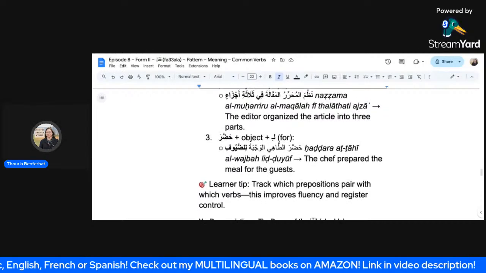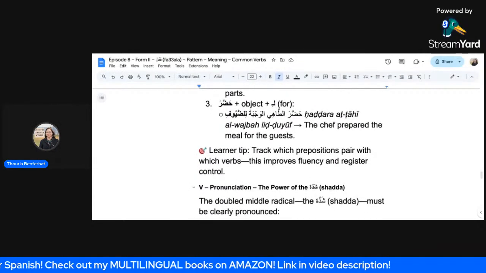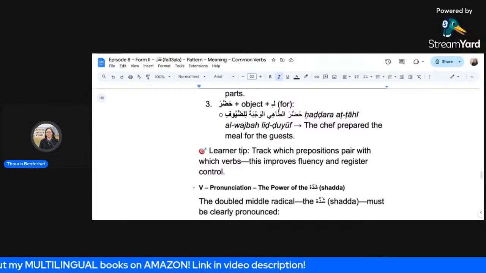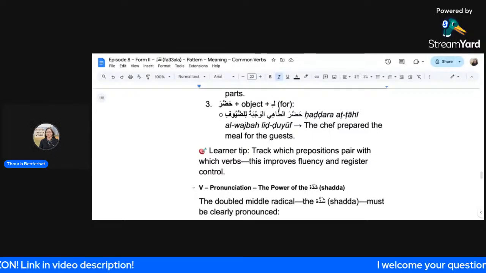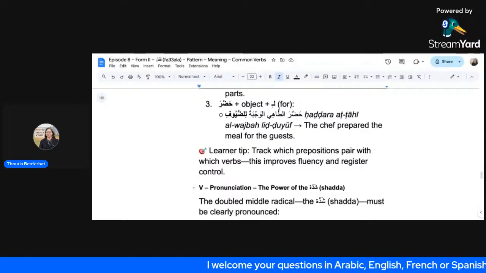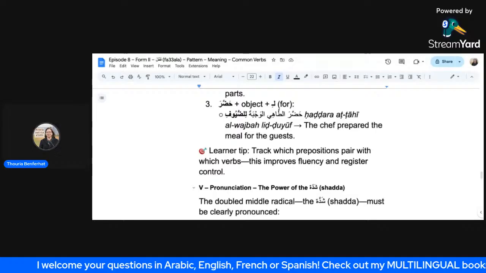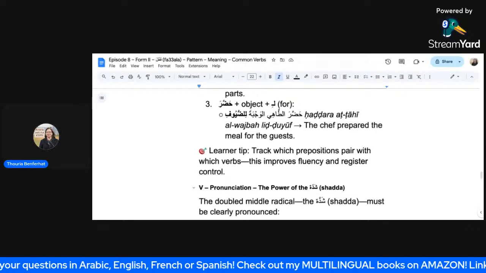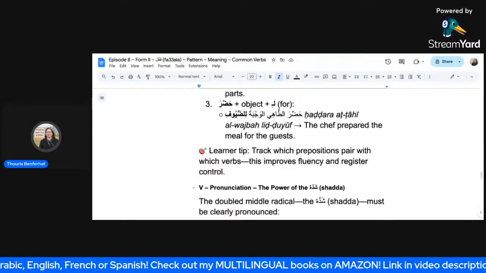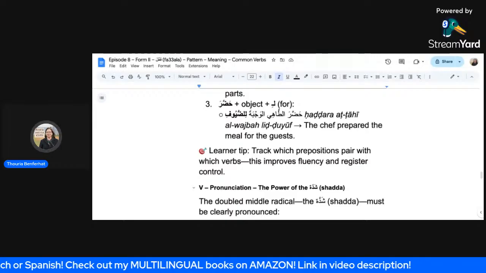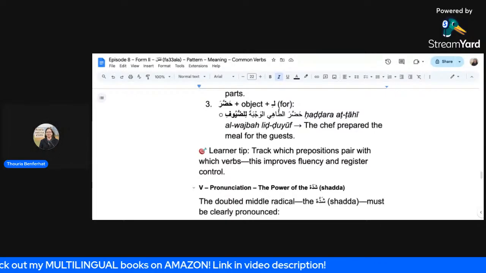Okay, one more example with the verb حضر. حضر is to prepare, and we often see it with the preposition لـ. And here's the example sentence. Let's see if you understand it. حضر الطاهي الوجبة للضيوف.